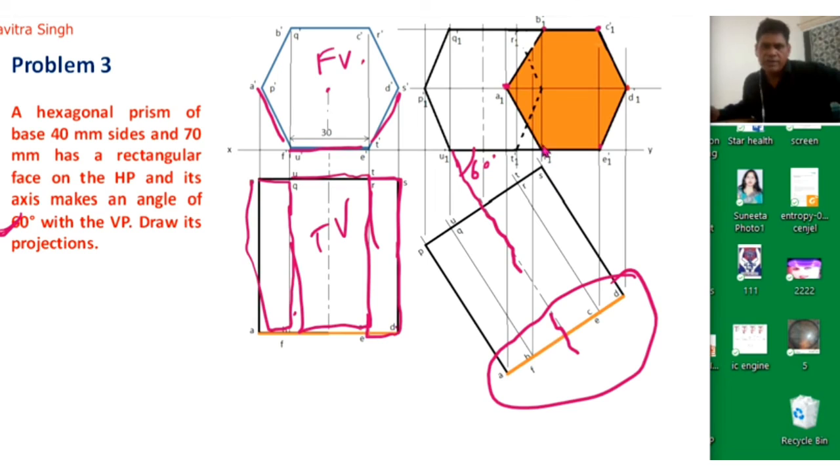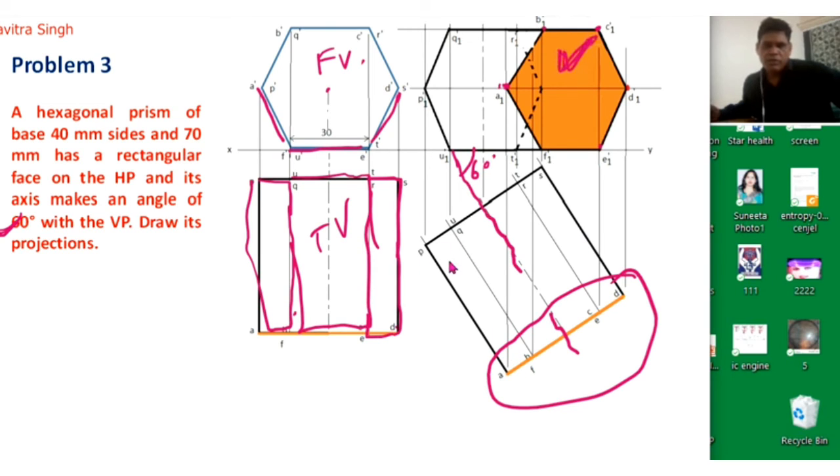Similarly, we will get this point, and now we have 6 points in this front view. So we will connect all these 6 points, A1 to B1 dash, B1 to C1 dash, C1 to D1 dash, D1 to E1 dash, E1 to F1 dash, F1 to A1 dash. Okay, so we will connect all these points, and we will get the final view of this surface.